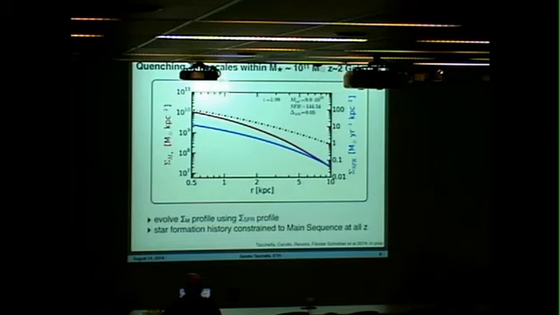The main assumption is, of course, that the total star formation rate is following the one of the main sequence. So this integral of the star formation here is following the one of the main sequence, and then just adding up the stellar mass.